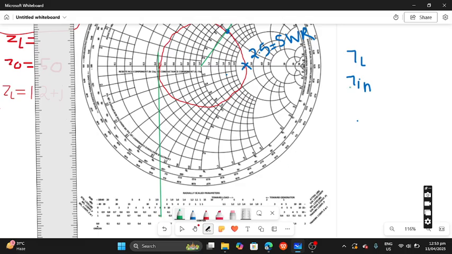So the value of rho L is 0.4, and it is the same for rho in also. Both the values are the same.